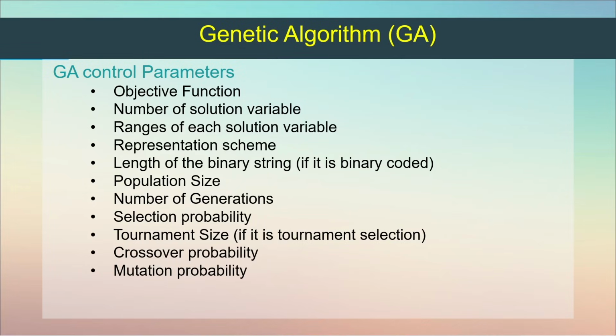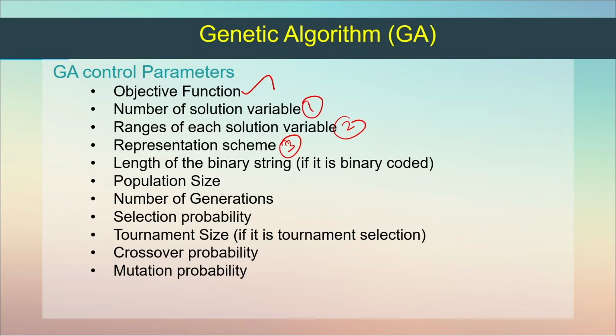See, what are the GA's control parameters? The first thing is the objective function, that is very obvious, the given one to optimize. From the objective function, what do we need to check? Number of solution variables, range for each solution variable, and the representation scheme.